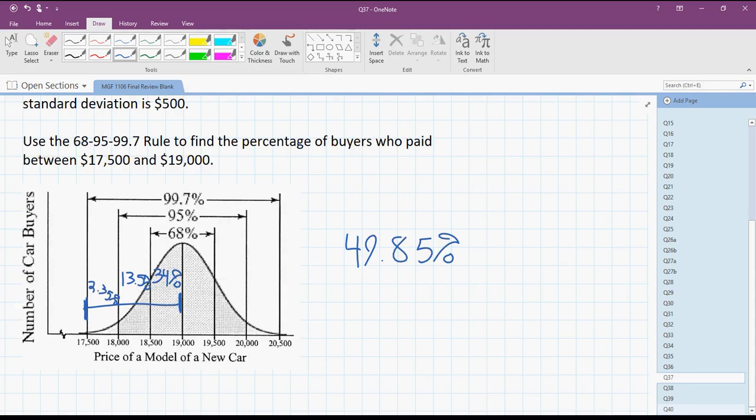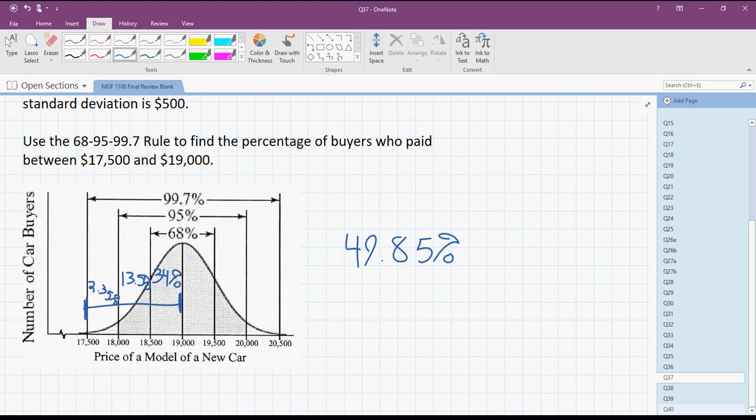And so you could add all these up, and that will give you the 49.85. Remember, I gave you this information in class about the normal distribution. We figured that out. So there are two thinkings to this. You can take 99.7 and cut it in half. Or, if you know what happens between each bar, add it all up.